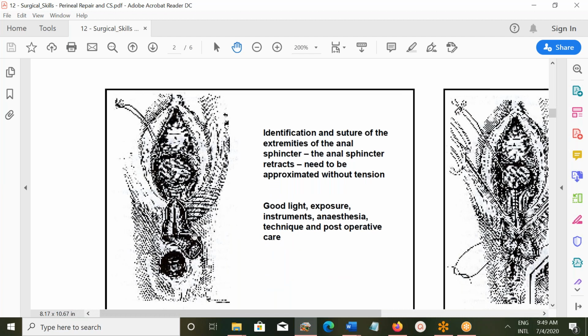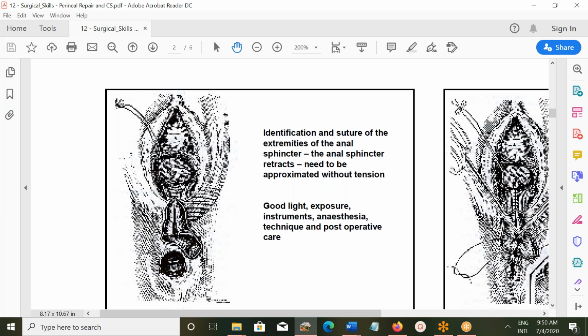Identify all structures properly. Okay, and then you should know that if you have to suture the mucosa in a running fashion, you can use Rectal 20. Then after closing the inner rectal mucosa and the vaginal mucosa, you need to close the muscles.